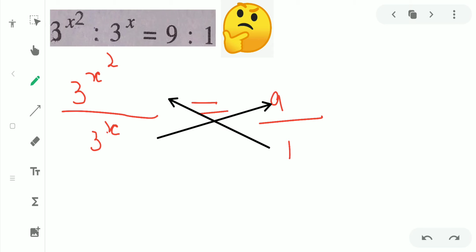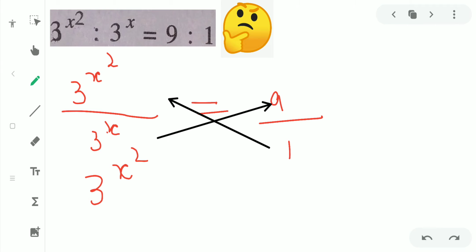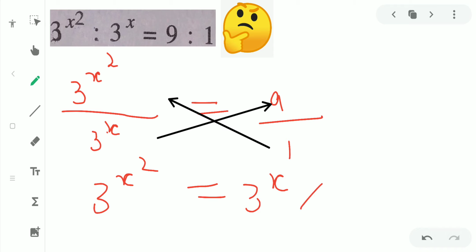Now I will write 3 power x square, three power x power 2, and I am keeping a line over here so that you will not be confused. 3 power x square is equal to 3 power x into 3 square.